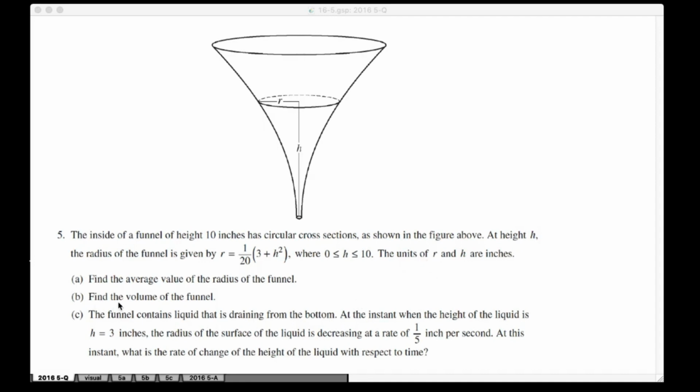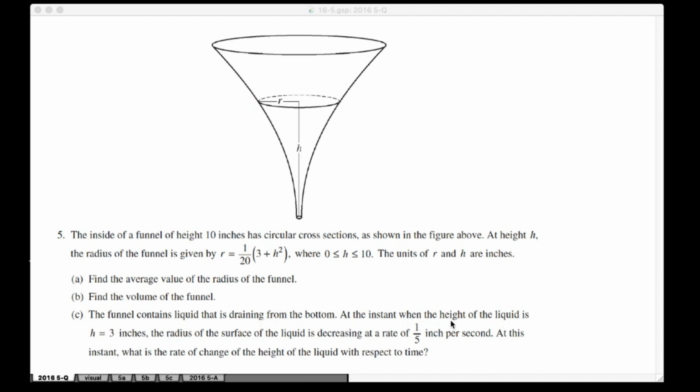Okay. It's a good idea to read all parts of the question because a lot of times they're related and you can hopefully catch when they're connected, and you don't want to do the same material twice. So the first part says find the average value of the radius of the funnel. The next part says find the volume of the funnel. And the third part says the funnel contains liquid that is draining from the bottom.